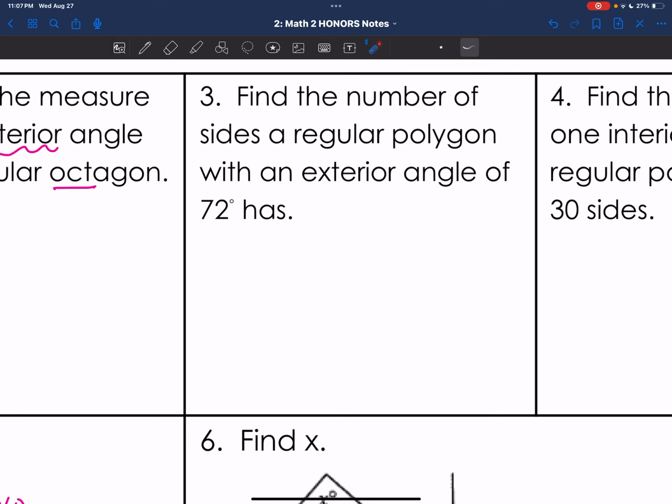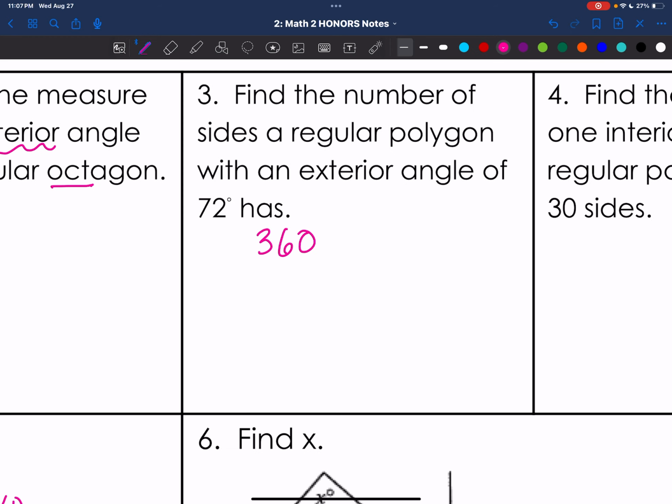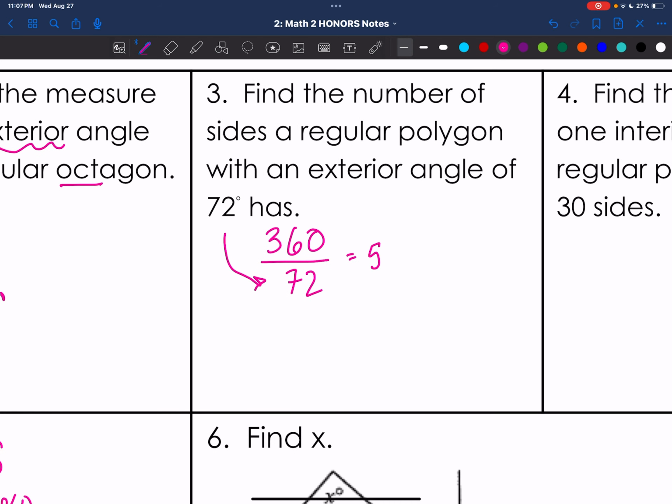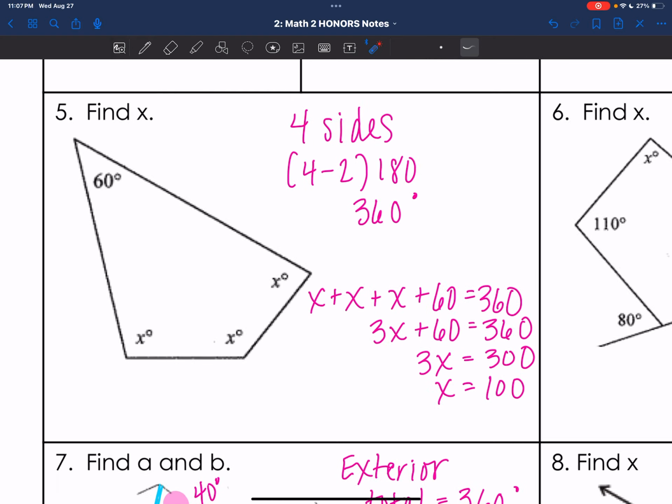Oops, let me write this, sorry. So then when you divide that out, we're just putting this here because it's going to be out of 360, and that's going to give us 5 sides. So you're kind of just working backwards. You're just plugging in the information from before, but here we're figuring out how many sides instead. All right, so let's go ahead and find that one, and then let's look at this example.